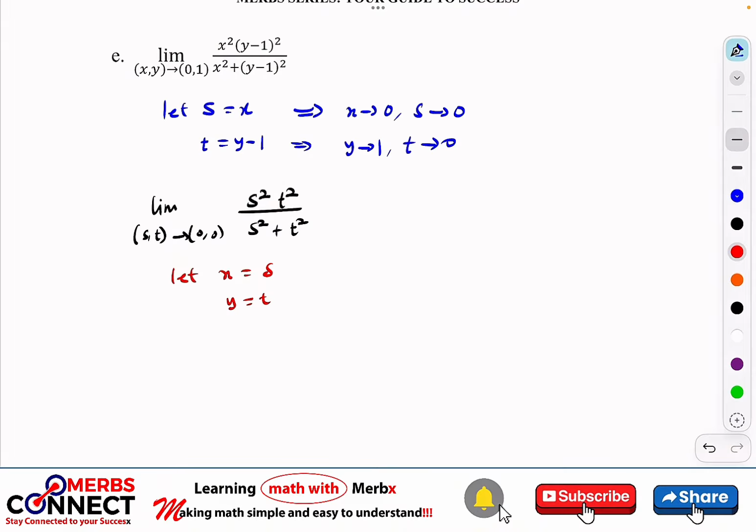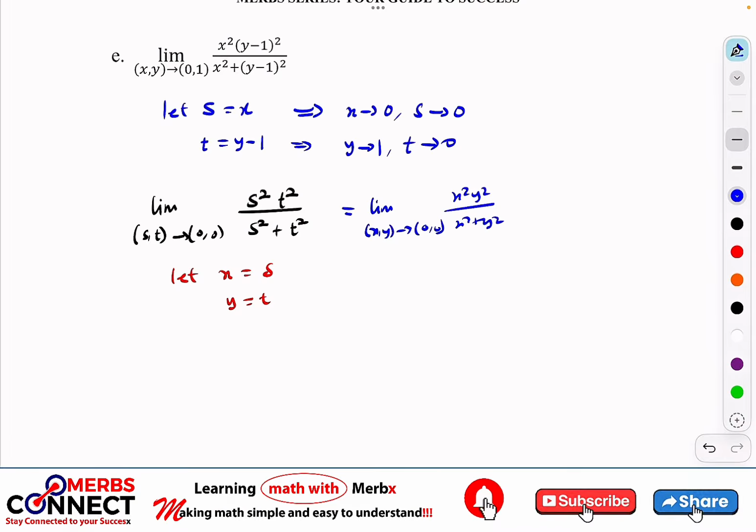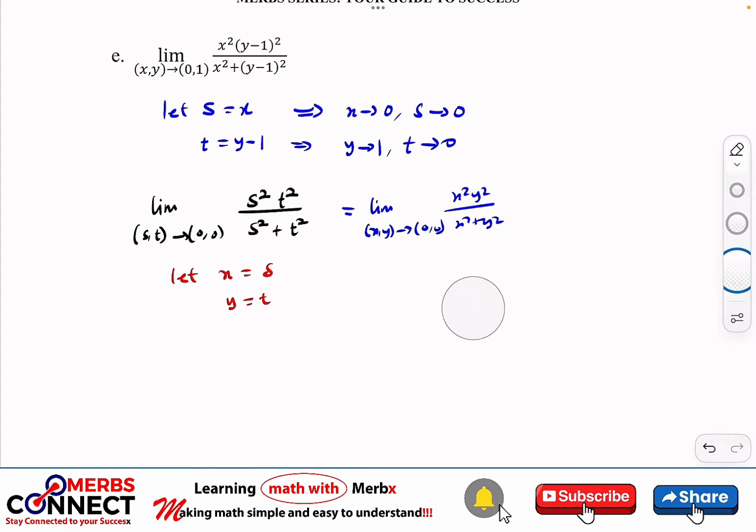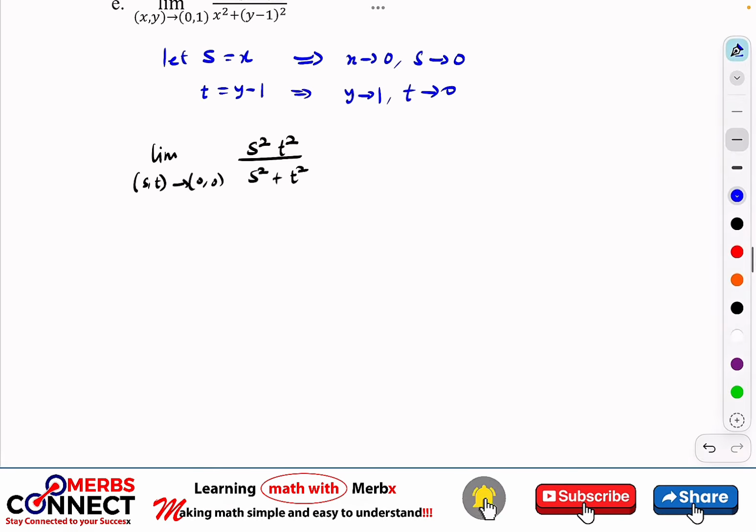So if I'm doing that, then this is going to be the limit again, as (x, y) approaches (0, 0), of x squared y squared divided by x squared plus y squared. Then we can use the polar coordinate. But we can also use the polar coordinate using s and t. But don't forget, s is with x, and t is with y. So using polar coordinate here, remember x is equal to r cos theta.